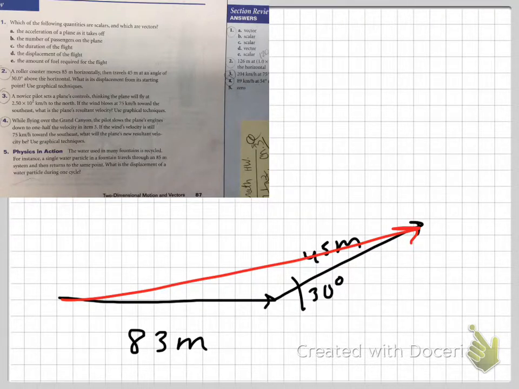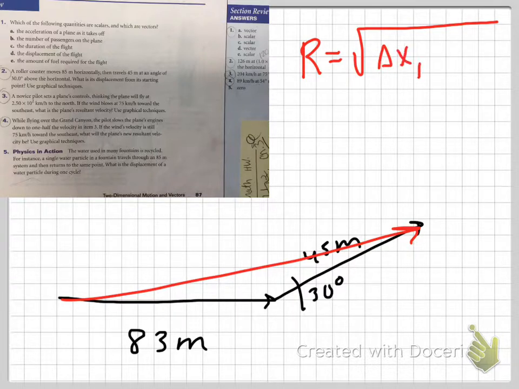So here's the thing that you always start with these, and this is critical. You're kind of working backwards from this point. The resultant is equal to the square root of delta x total squared plus delta y total squared.